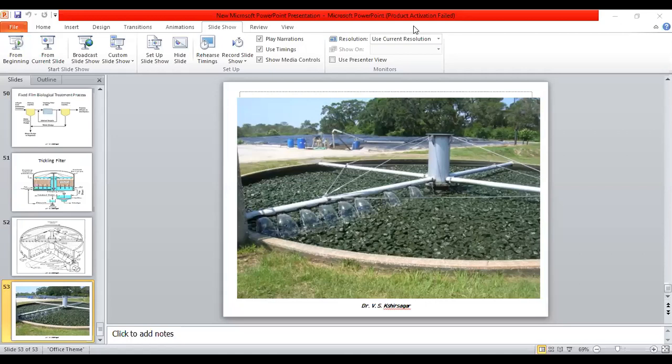Usually the color of this film is greenish, yellowish or blackish, depending upon the type of sewage.